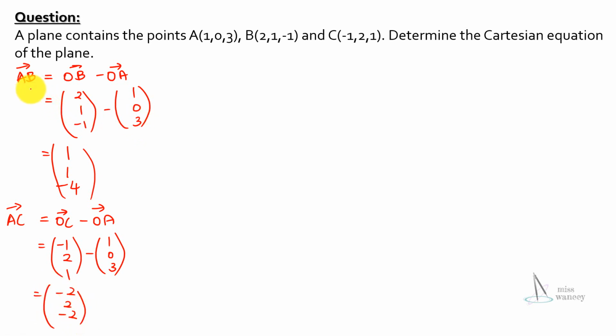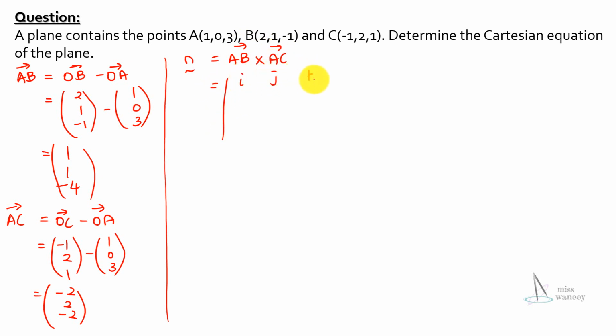Okay, so now I already have AB and AC. Now this is our second step where we have to calculate the normal vector. So the normal is AB cross AC. We're going to set up i, j, and k. AB is (1, 1, negative 4), and then we have (negative 2, 2, negative 2).